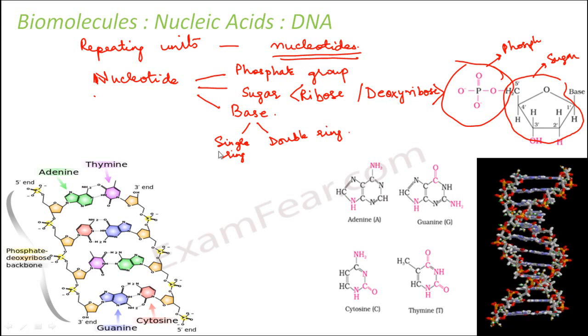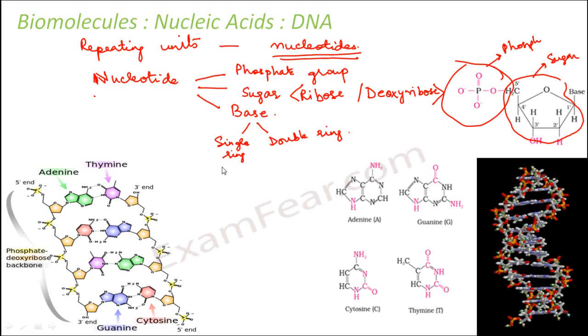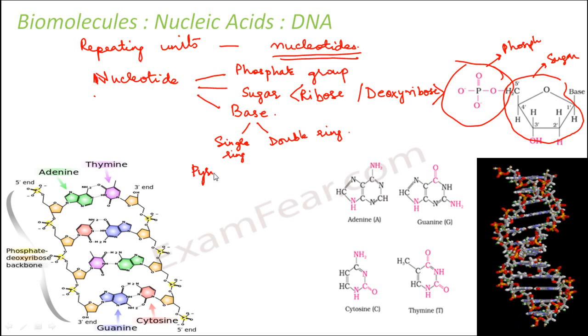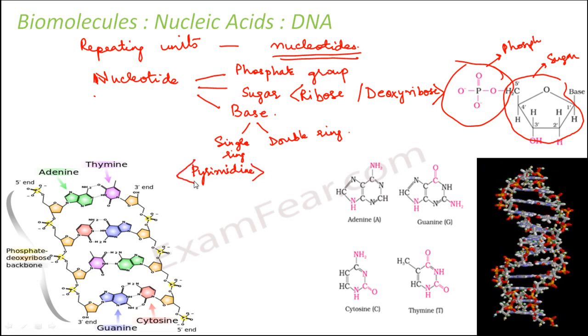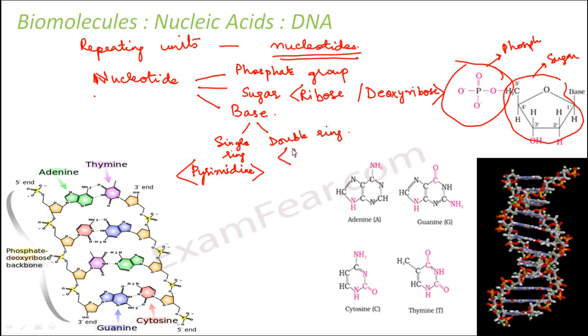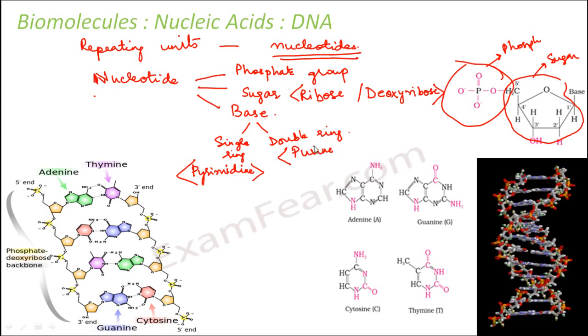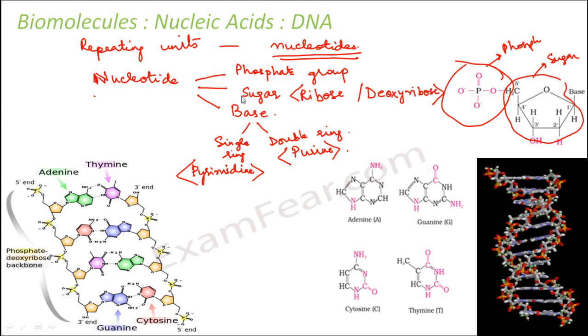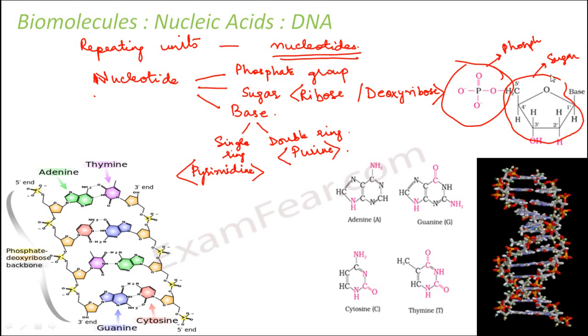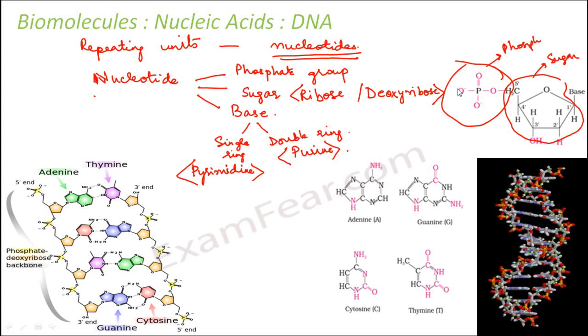So the single ring form bases are known as pyrimidines, and the double ring bases are called purines. So these are the three parts which make up a nucleotide. So here you can see these are the three parts.